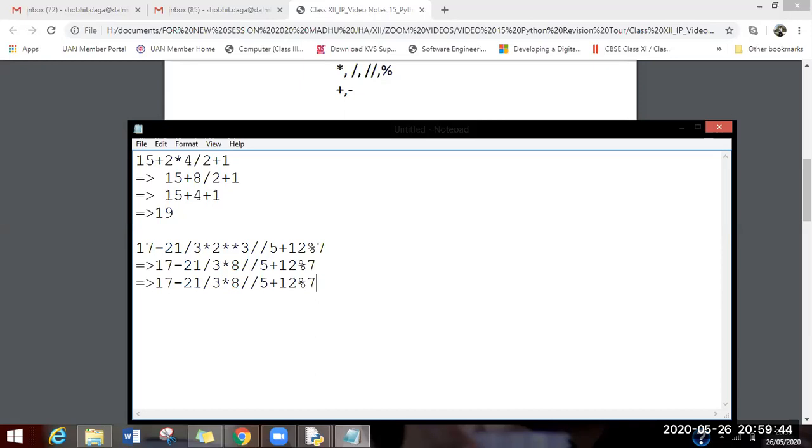Over here, you are first supposed to evaluate this and not 3 multiplied by 8. The reason is that when we have multiple operators of same precedence, we will move from left to right. So 21 by 3 will give you 7, and you may then move down.